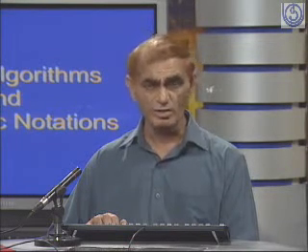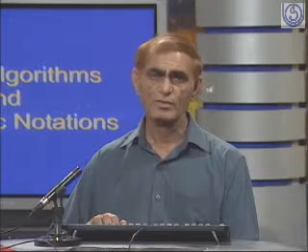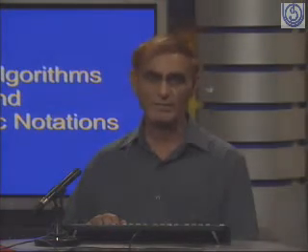Then we also discussed why algorithms are used in computer science and what the limitations of algorithms are in solving problems. We mentioned that the main method of solving problems with the help of a computer is algorithmic.